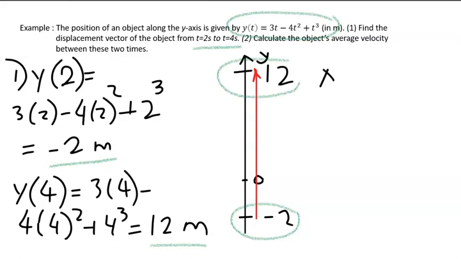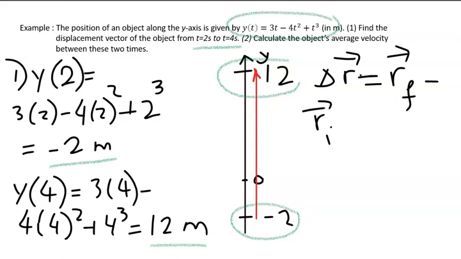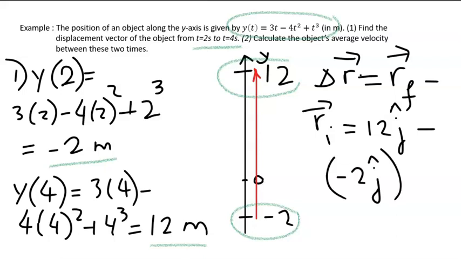So the displacement can be calculated using its definition: the final point position vector minus the initial point position vector. The final point position vector is 12 j hat, and the initial point position vector is minus 2 j hat. So you get a displacement of 14 j hat in meters.